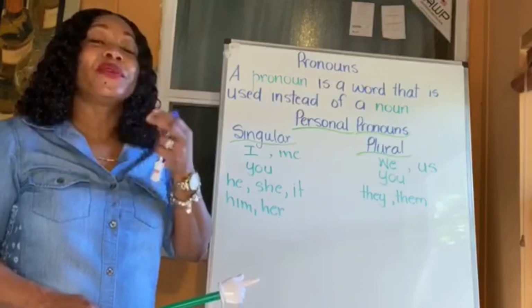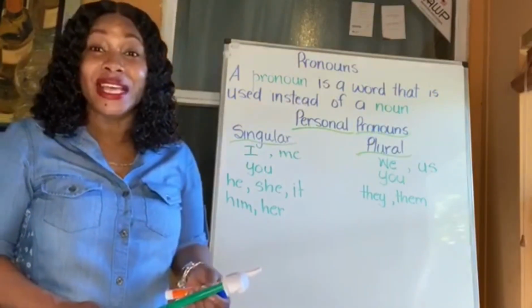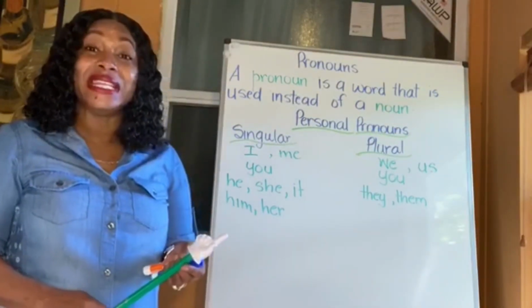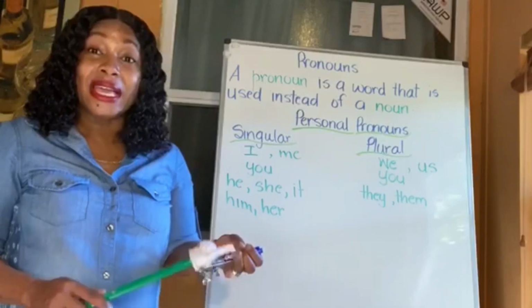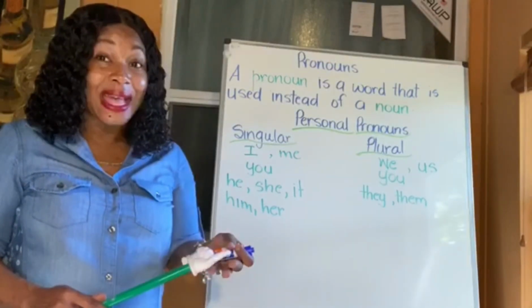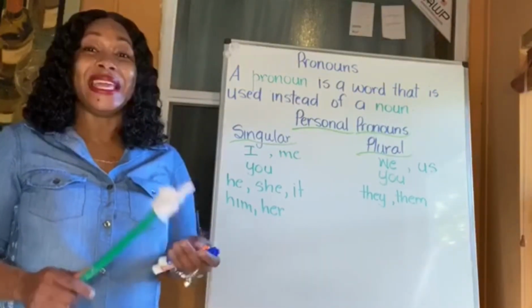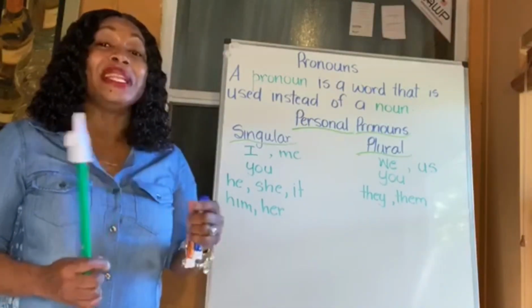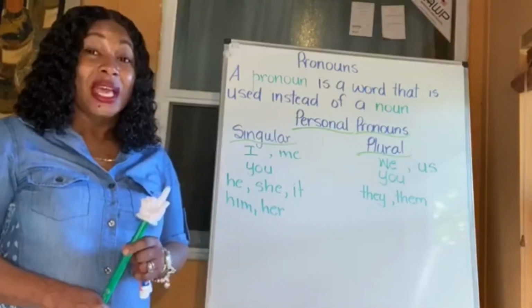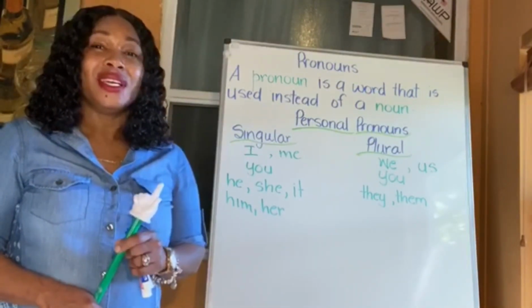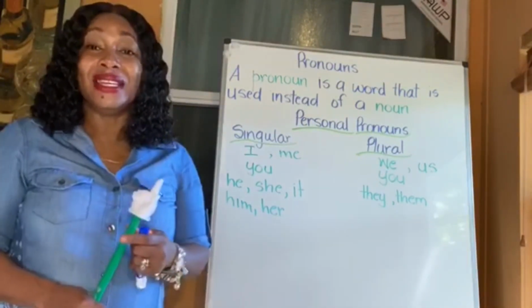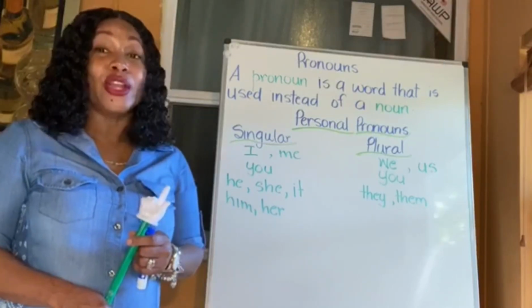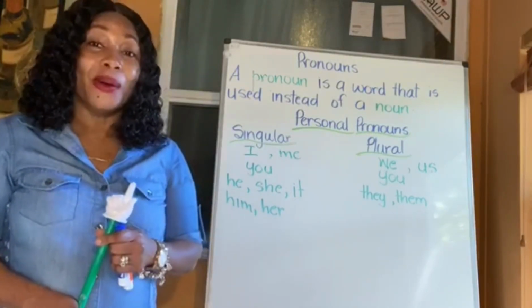And from the previous lesson, you should have learned that a noun is the name of a person, a place, an animal, or a thing. Now, pronouns are used in place of these names. It also helps us to not repeat the nouns a lot, or not to repeat the nouns at all.